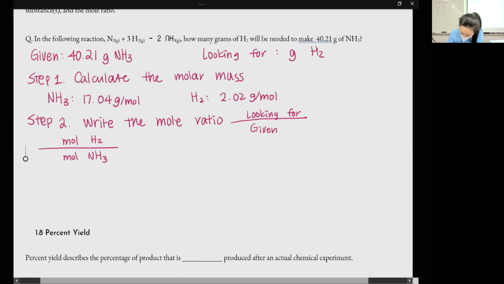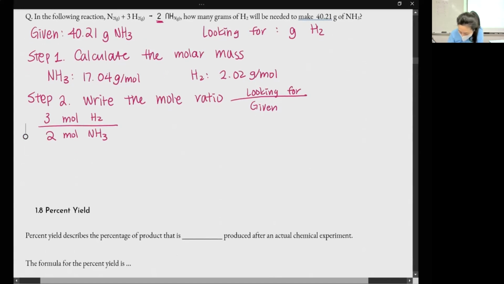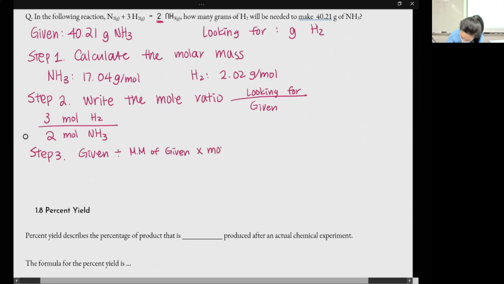Now NH3 has 2 and H2 has 3, so that will be our correct mole ratio. Step 3, it will be given divided by the molar mass of given, times the mole ratio, times the molar mass of looking for.